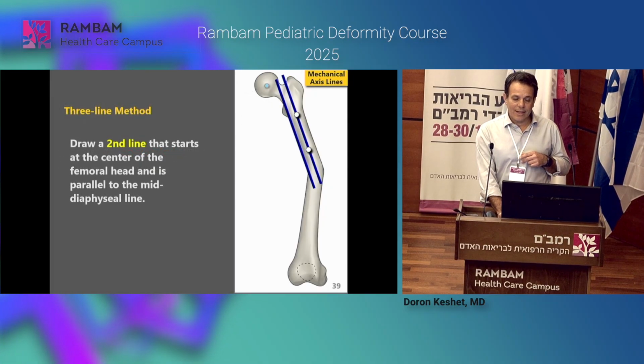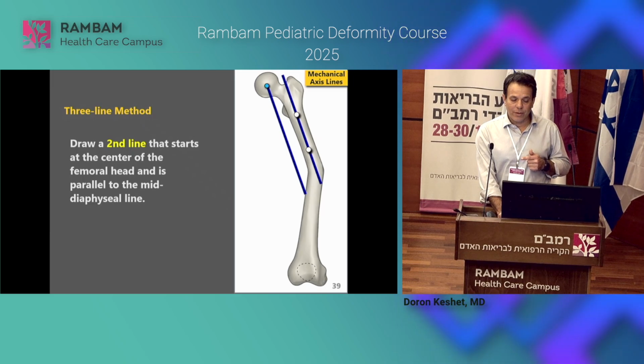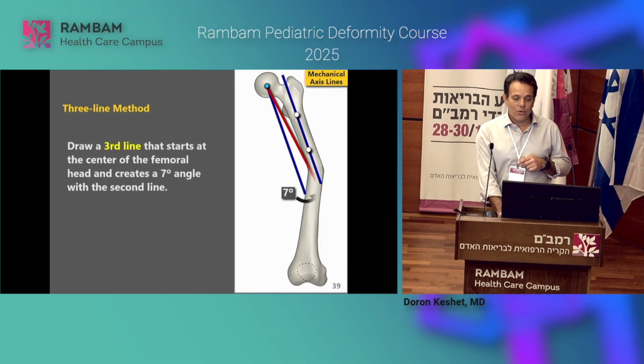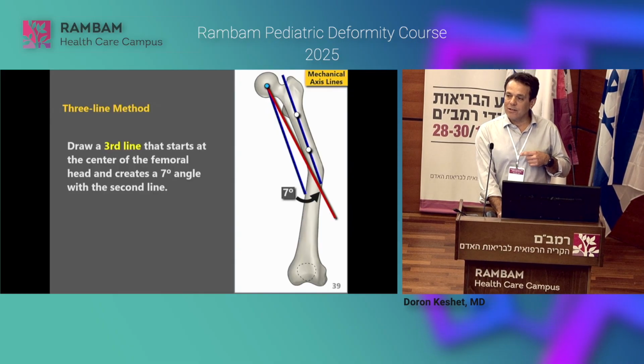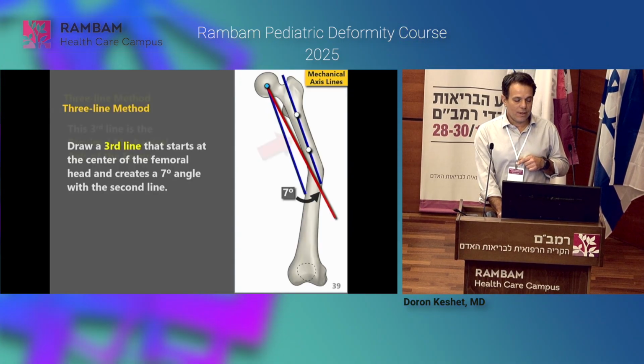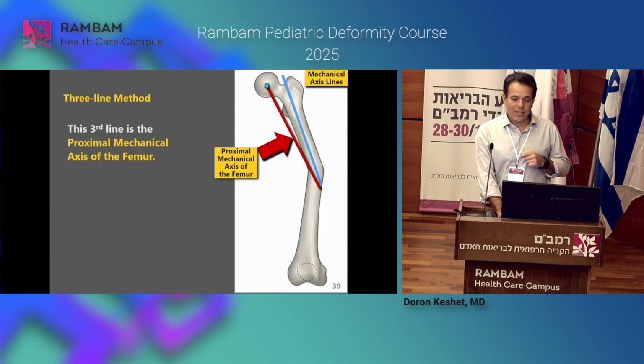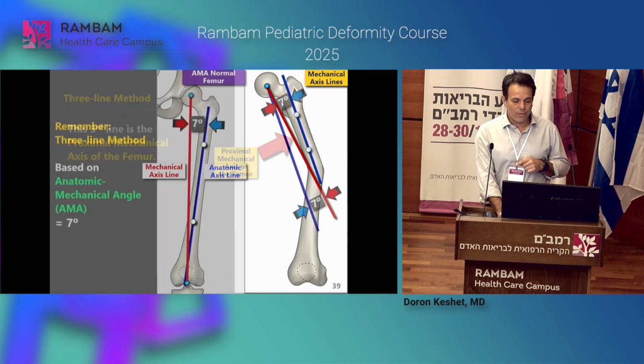Then we draw a second line that starts at the center of the femoral head and is parallel to the diaphyseal line. We can do that easily with all the PACS system we have now. And then we draw a third line that starts at the center of the femoral head and creates a 7-degree angle with the second line, again to mimic our AMA. Okay? So this third line, the red line, represents the proximal mechanical axis of the femur.